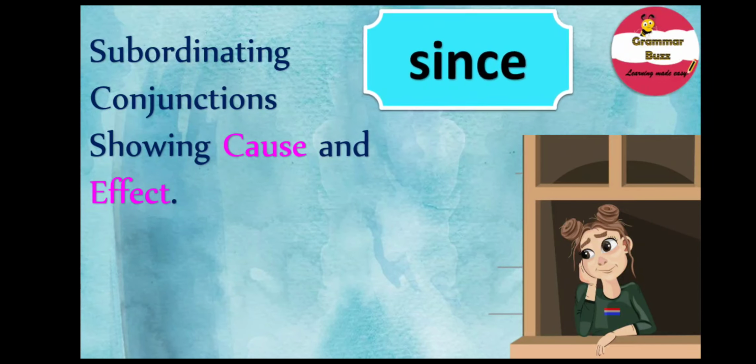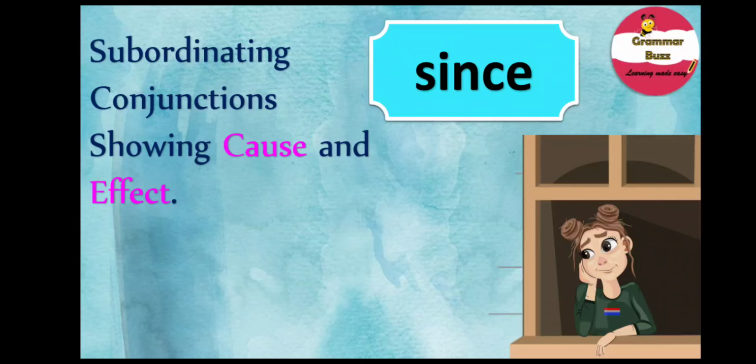The following subordinating conjunction in our checklist is since. Since is also used to show a cause and effect relationship between, you know what, two sentences. That's right. Let's take the first sentence. And it says, since it is raining. Since it is raining is the cause or reason of an action.